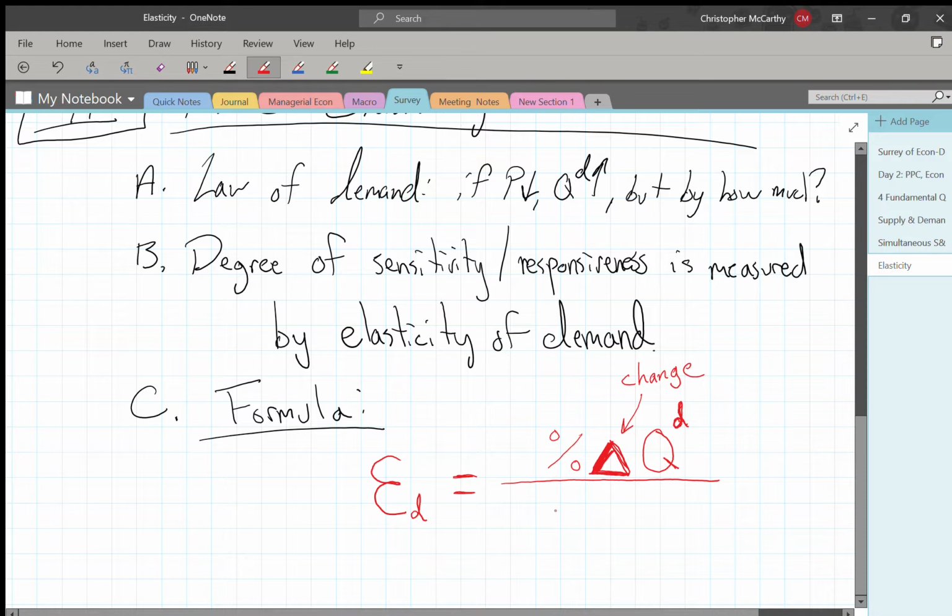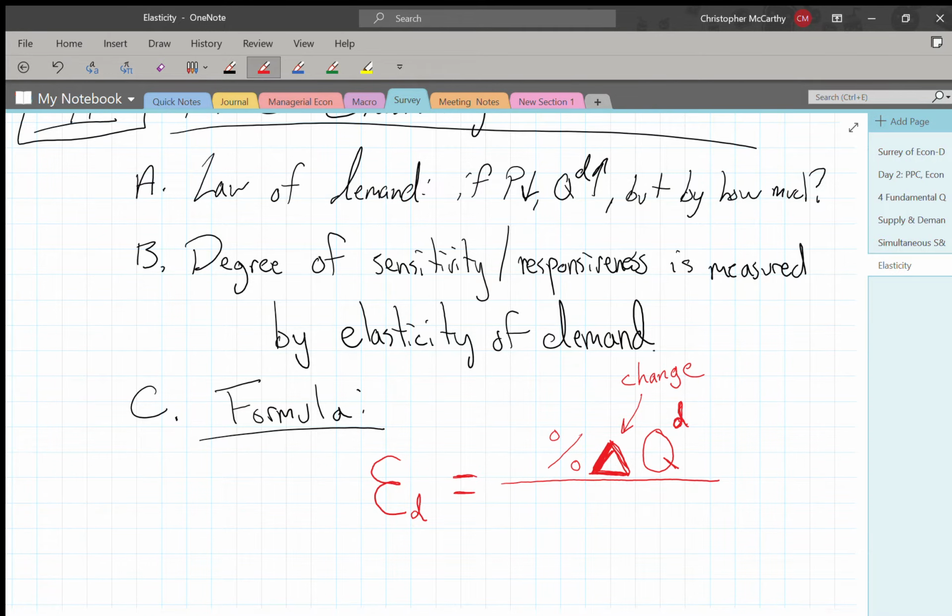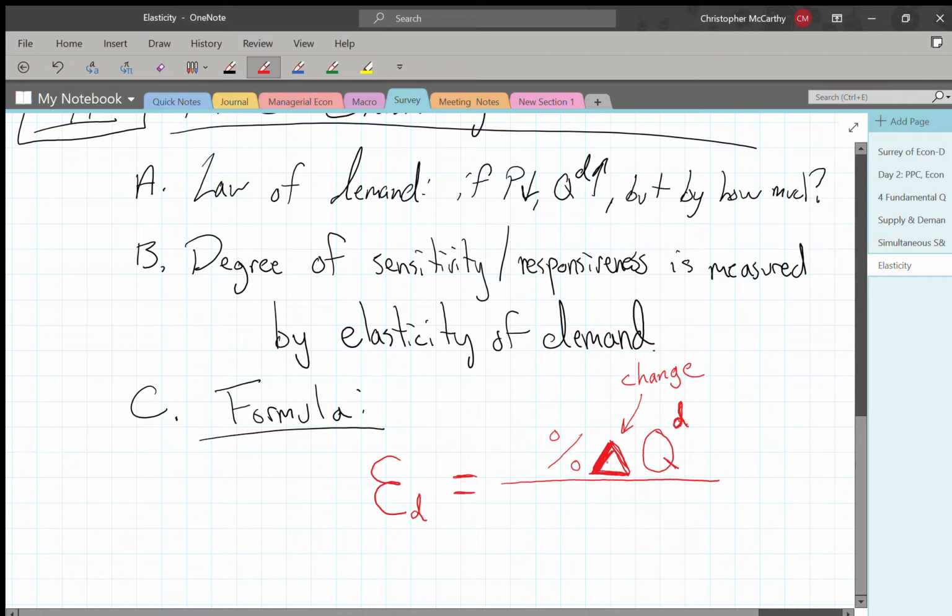And then on the denominator, who wants to tell me what's on the denominator? Sarah. So this is telling us the responsiveness of the quantity to what?